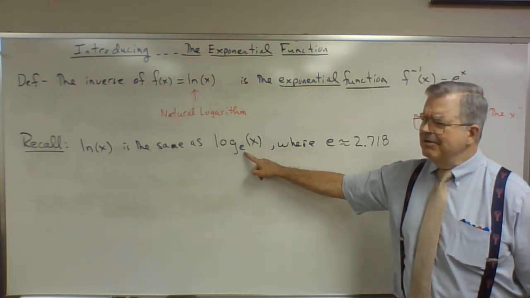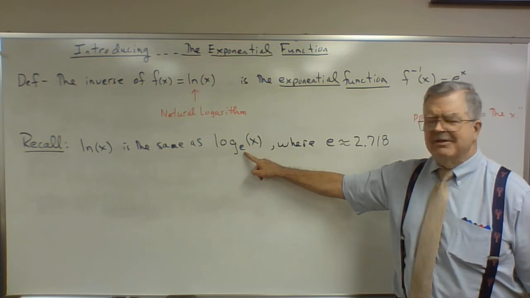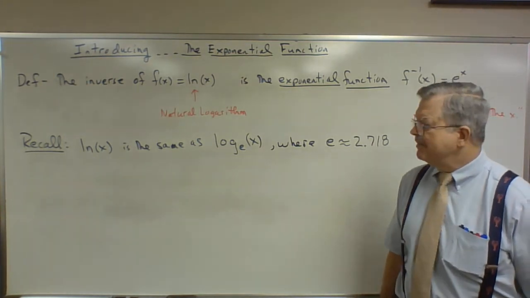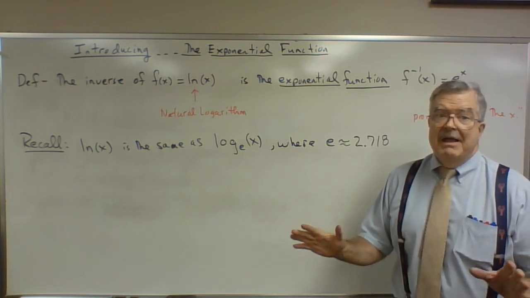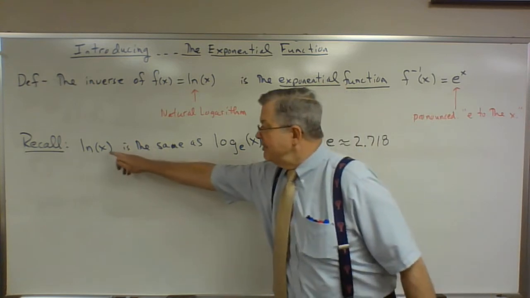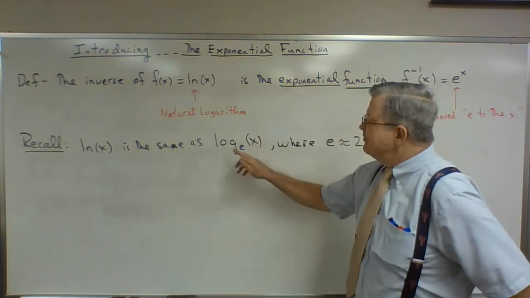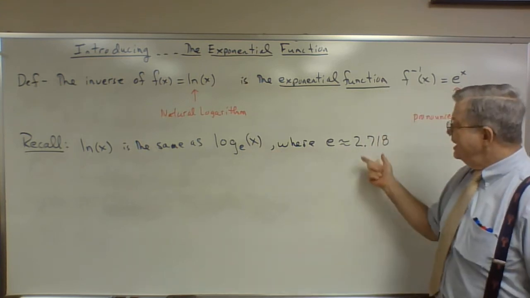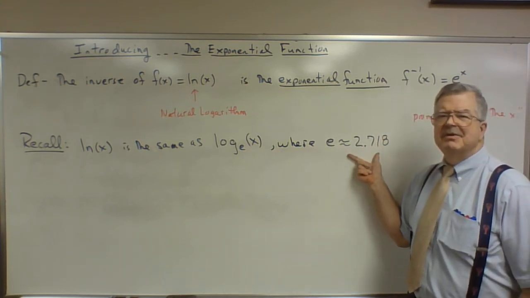Have a logarithm with a base that's not a whole number and it doesn't even terminate or repeat. Anyway, this is what the natural logarithm is. The natural logarithm of x is the logarithm base e of x, where e is approximately equal to that number.